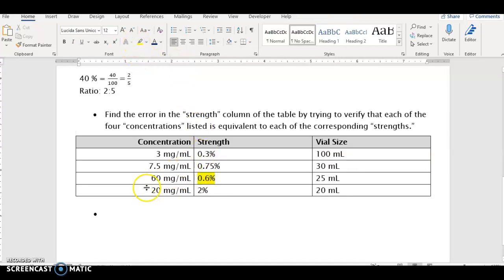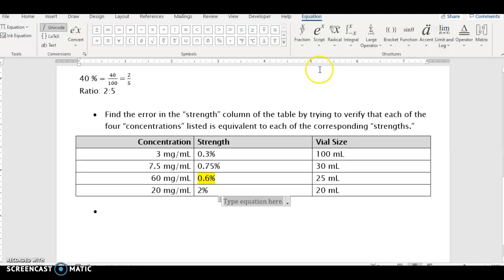What it's asking us to do is convert this concentration to a percentage, to see if it matches the percentage given in the strength column. So we have 60 milligrams over milliliters. The 60 is going to go in the numerator, so we'll put the 60 in the numerator there and delete the extra 60 here. 60 milligrams per milliliter is understood to be 1 milliliter.